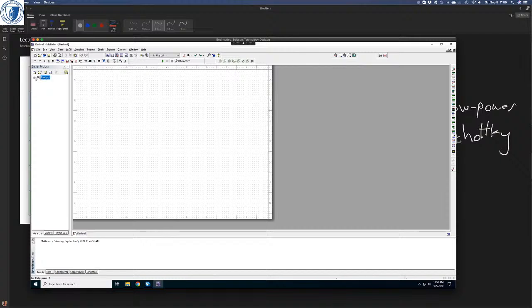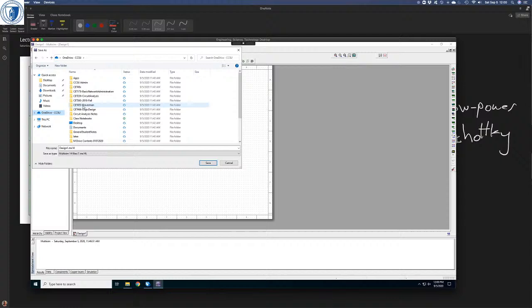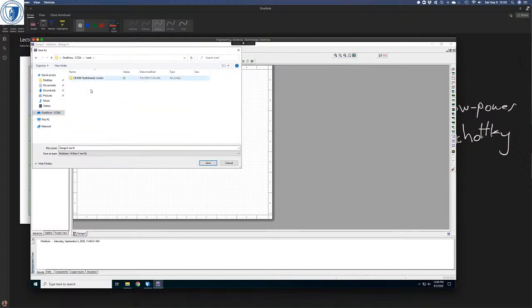I don't know whether I can rename it. Let's save as, and I'm going to make sure I save this on my OneDrive, under the work directory that I had before, and I might make a new folder called lab 2.